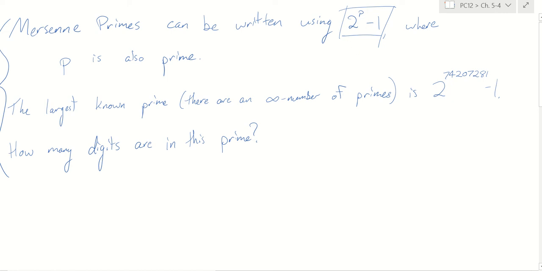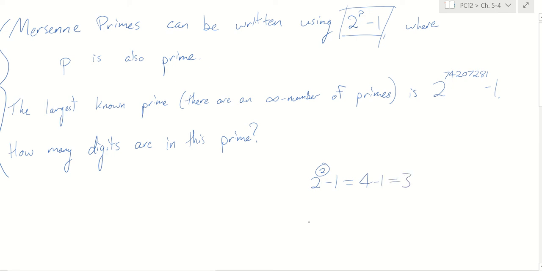Apparently there are only 49 of these that are known. You can think of the smallest Mersenne prime, which, if the condition is that p must also be prime, then you can think of 2 to the 2 minus 1. So 2 is prime, and when we evaluate this, we also get a prime number, 3.